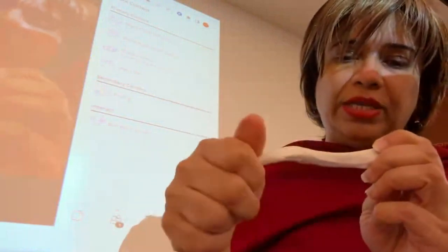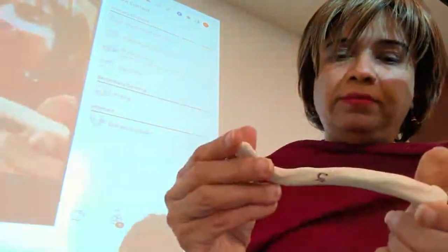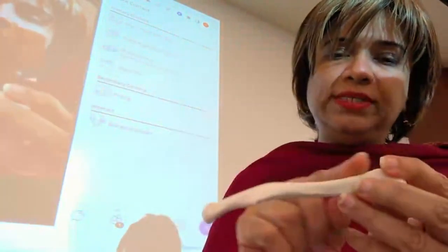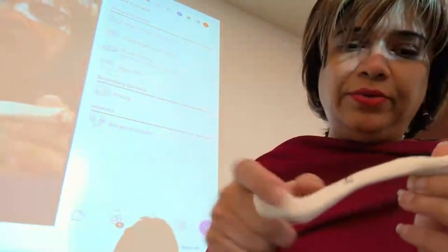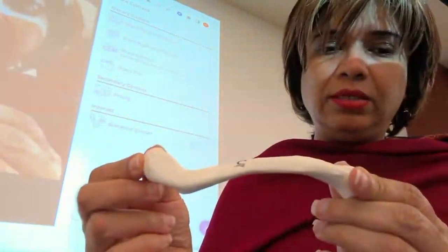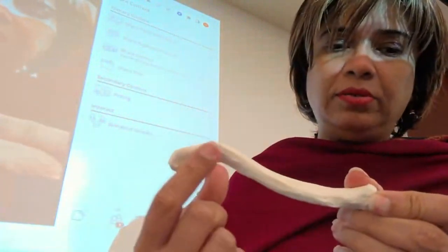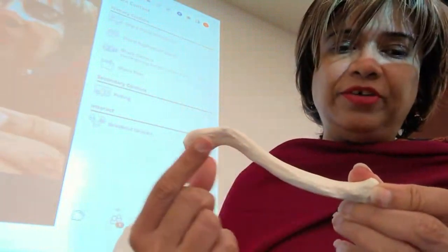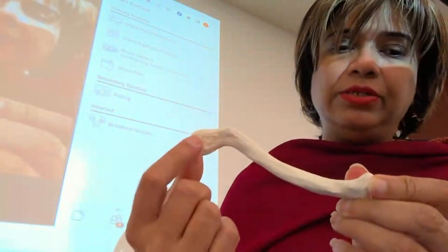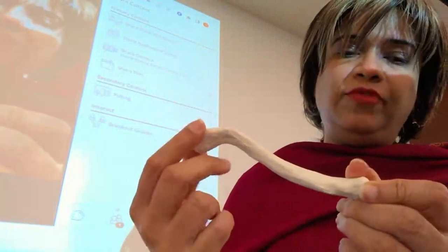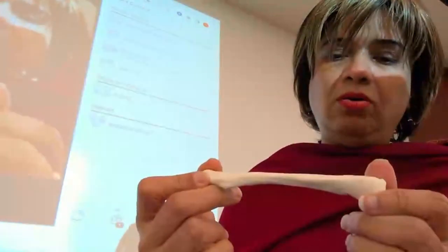The flatter end is my acromial end. Smoother surface is going to be superior. You can see how smooth it is. And bumpy surface, you can see the bump right here. So bumpy surface and a lot of bumps here is going to be your inferior surface.